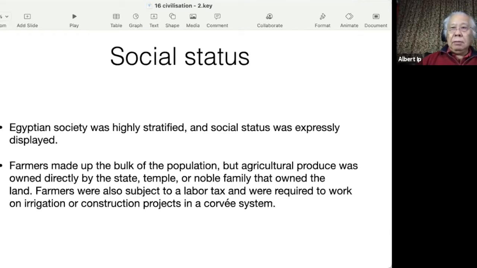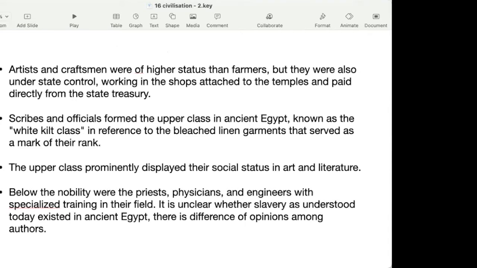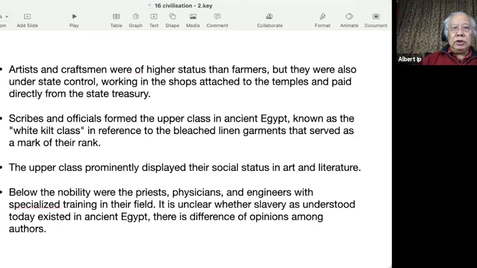Many cultures do use slaves, which today we would consider immoral, but at those times it seems to be quite standard practice. The next level up is artists and craftsmen. They were also under state control, working in shops attached to the temples and paid directly by the state.